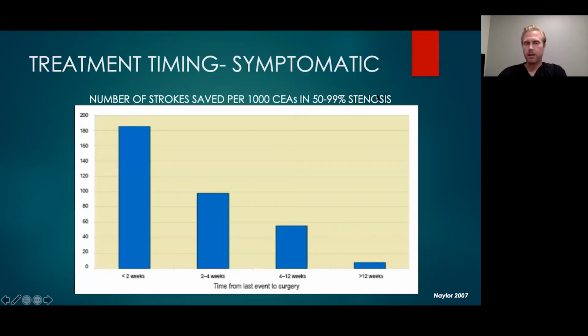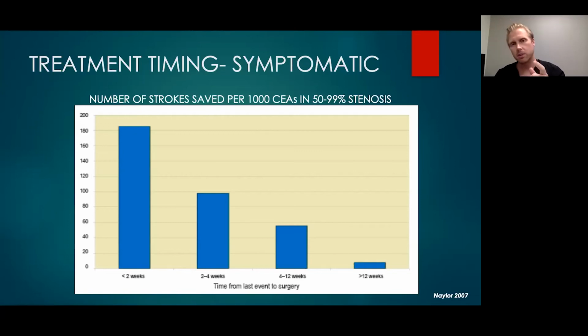So in NASCET, in ACAS, I believe as well, they all had angiographic imaging with a catheter angiogram. In newer studies, they're relaxing this to be CTAs or angiography, and sometimes even MRAs and Doppler.